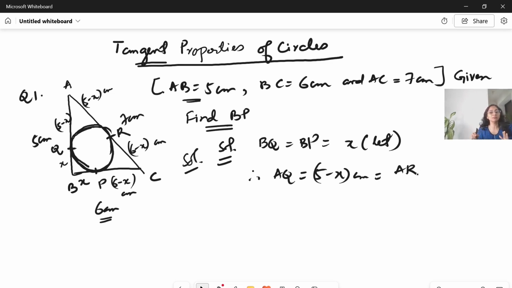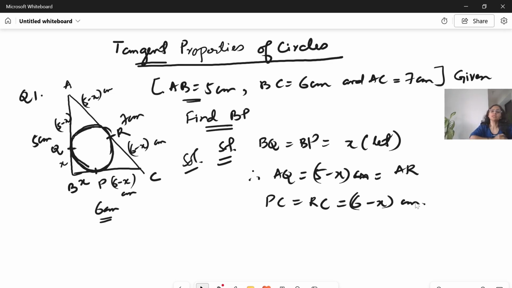So AQ is 5 minus X, which is equal to AR, 5 minus X centimeter. And again PC equals RC equals 6 minus X centimeter.